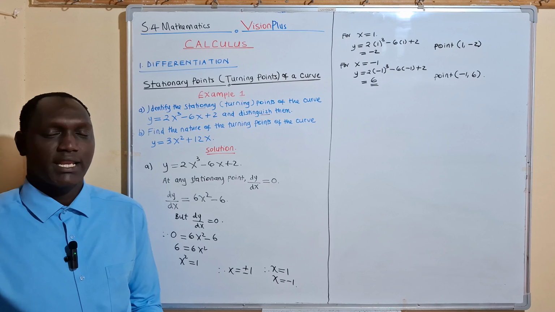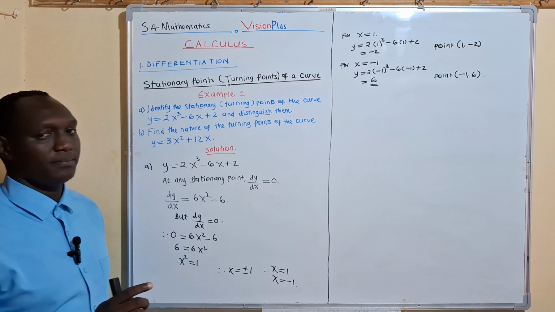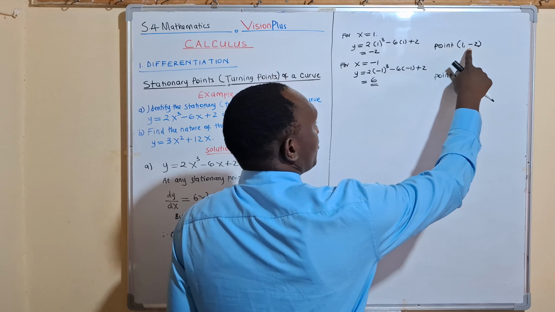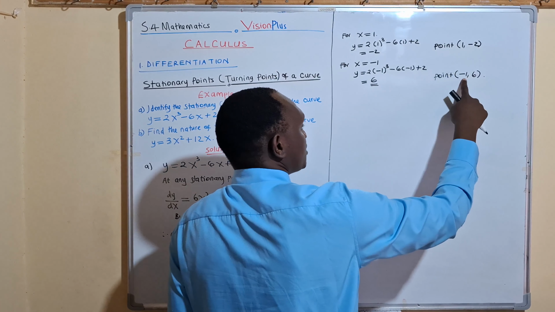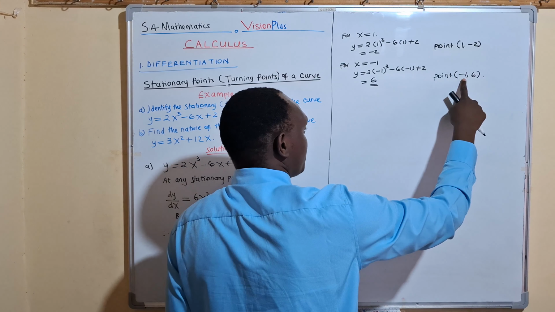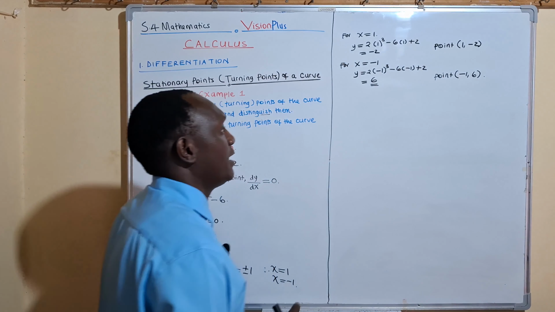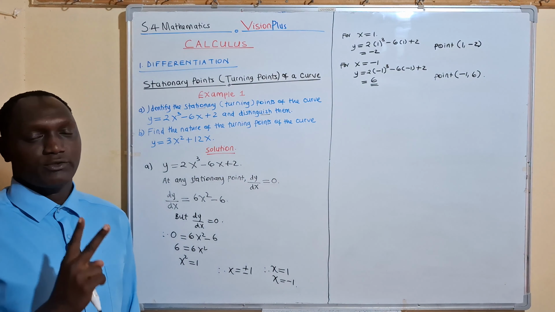After getting the two turning points, the question says that we need to distinguish them. That means we need to tell, is this point a minimum point, a maximum point, or a point of inflection? Now, for us to distinguish them, remember we said that there are two methods.